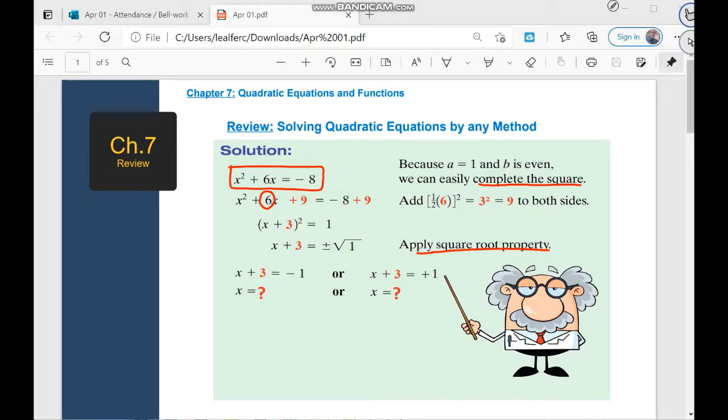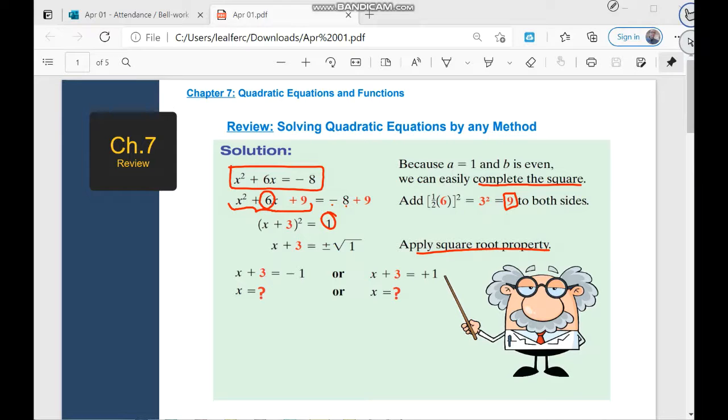If this is an even number, you can easily complete the square, because you're going to divide b by 2, so 6 divided by 2 is 3. Square it, and you find 3 squared is 9. You add 9 to both sides of the equation, right? So you're going to find x squared plus 6x plus 9 equals negative 8 plus 9 is 1, right?